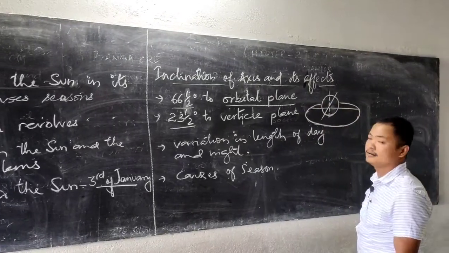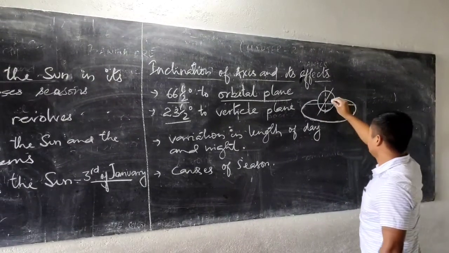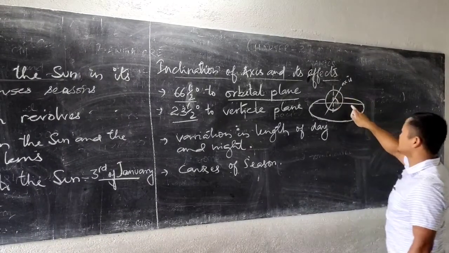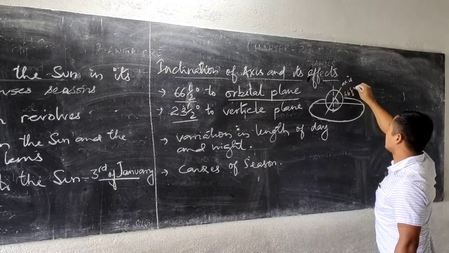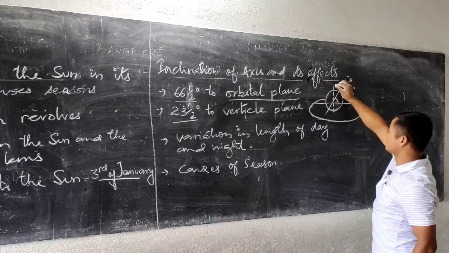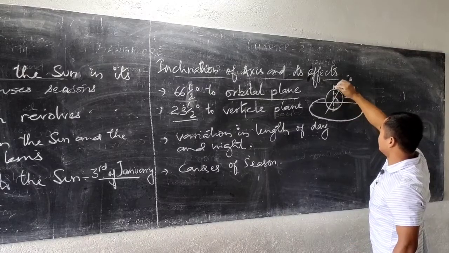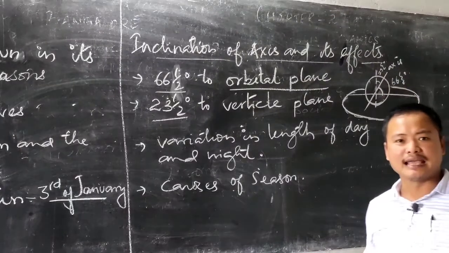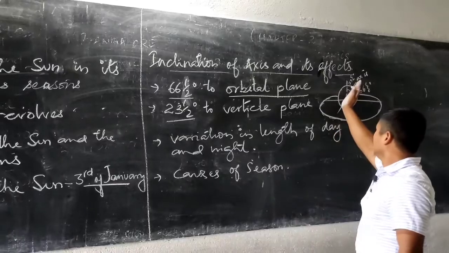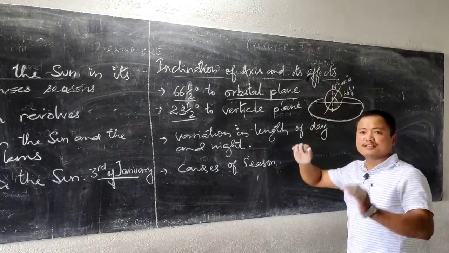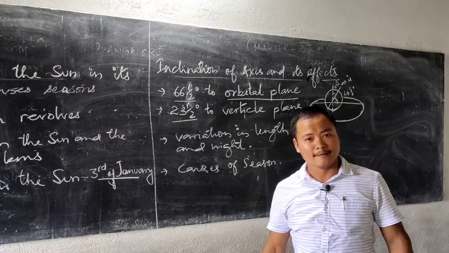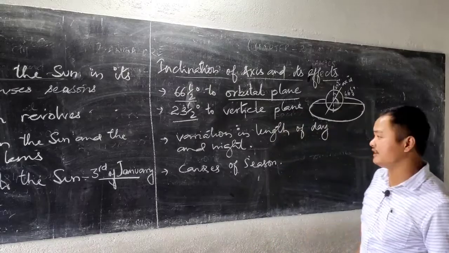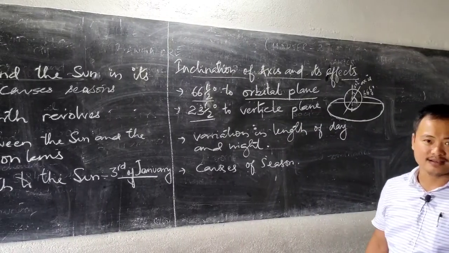Here, this is the axis. To its orbital plane, the axis is at 66.5 degrees, while to this vertical line, it is only 23.5 degrees. And the fact about this inclination is that the axis remains fixed, inclined in one particular direction. It does not change its inclination.